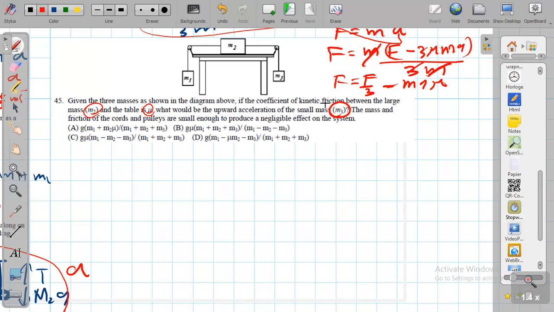The friction on the pulley and the mass and the light string are small enough to produce a negligible effect on the system. That means they are just negligible.